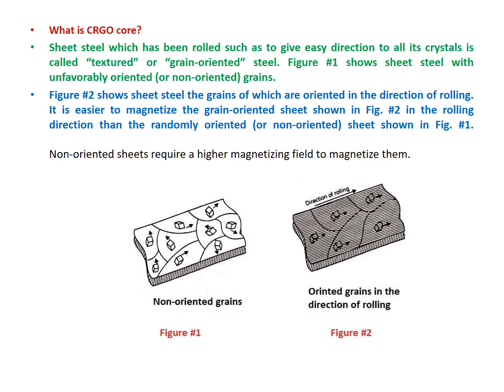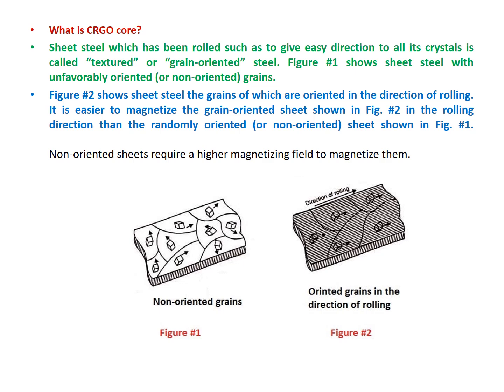Figure 1 shows silicon steel with unfavorably oriented, or we can say non-oriented, grains. Figure 2 shows silicon steel, the grains of which are oriented in the direction of the rolling. This is the manufacturing process.